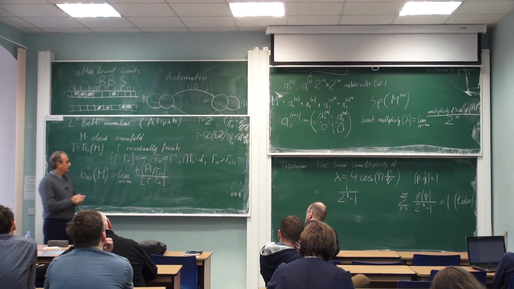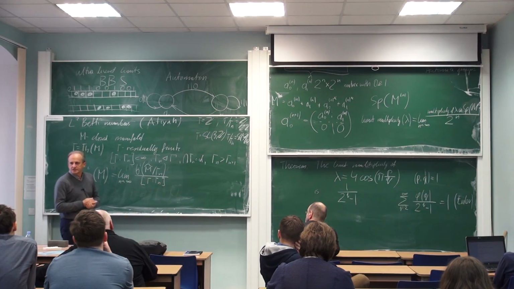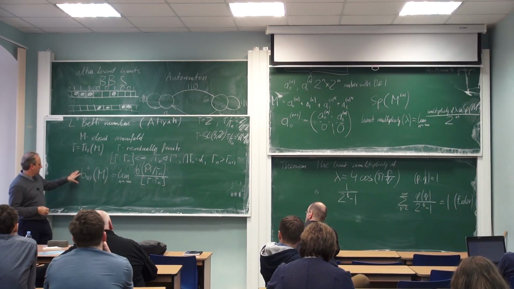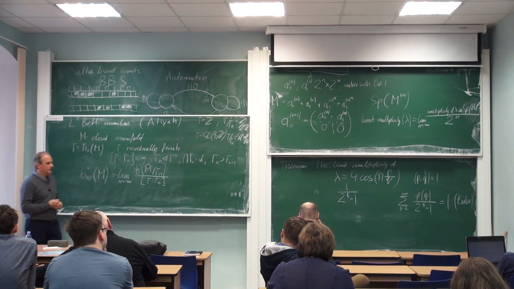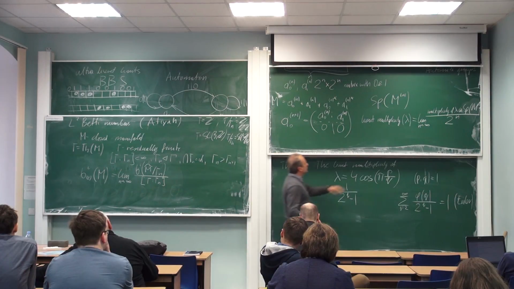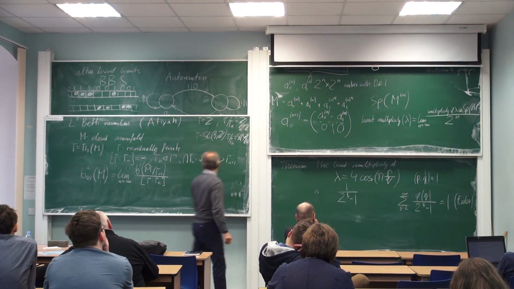Okay, as you remember, the usual Betti numbers can be computed as the dimension of the kernel of this operator. Okay, and we'll see that L2 Betti numbers as well, and indeed they correspond to this limit multiplicity.